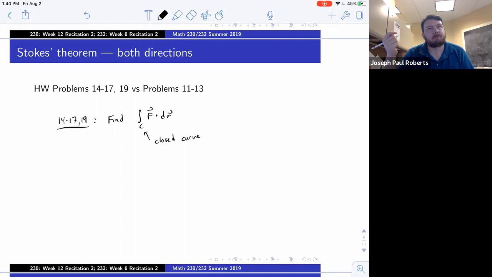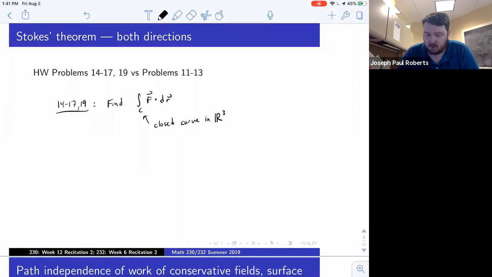And that's Green's theorem is the case for closed curves in R2. So now we're sort of expanding our horizons to be talking about work integrals for closed curves in R3. And so that's the general question for problems 14 through 17 and 19.